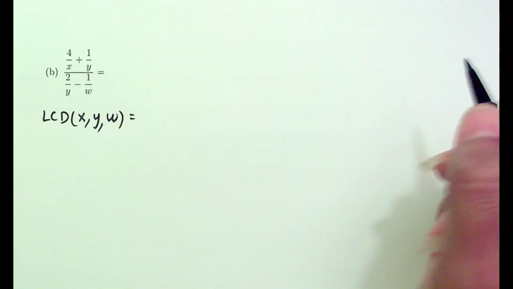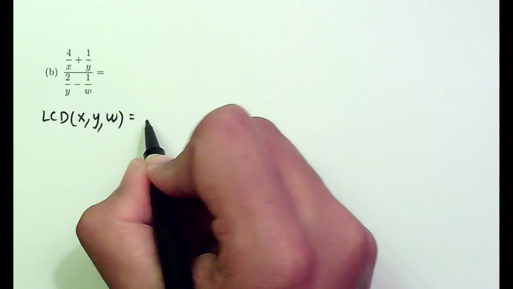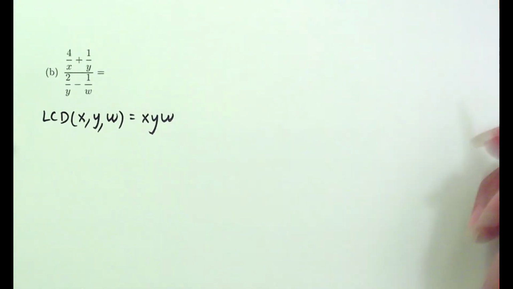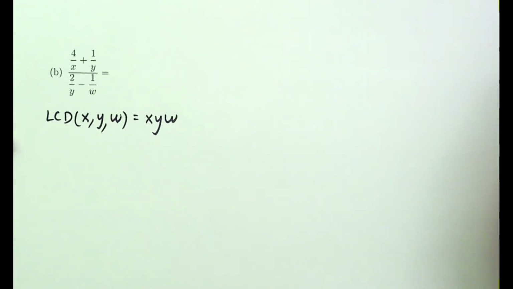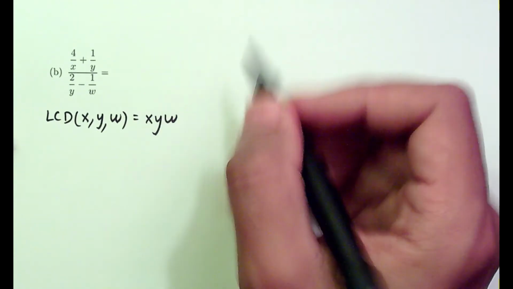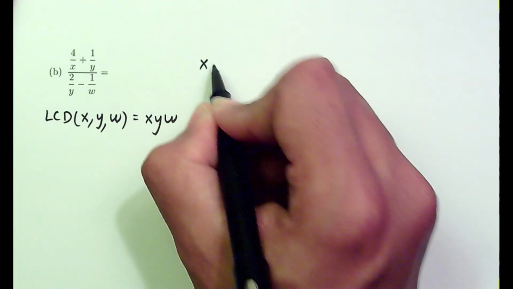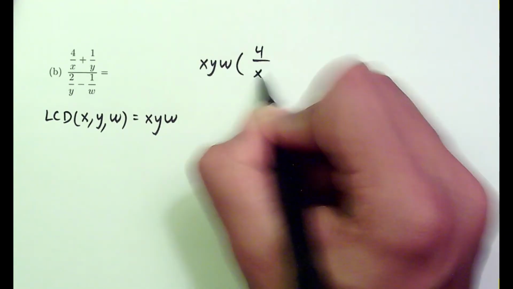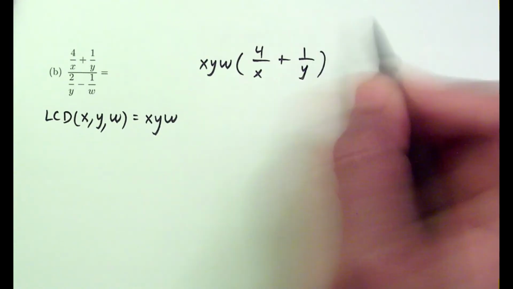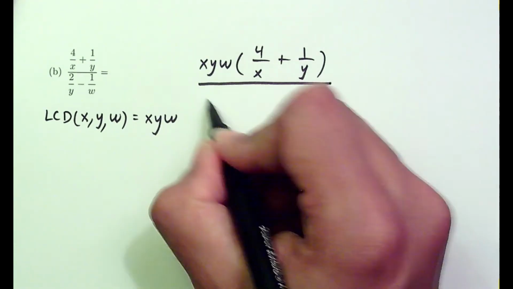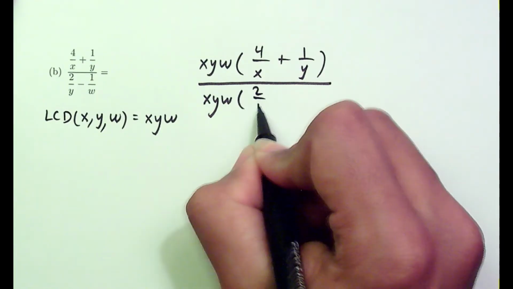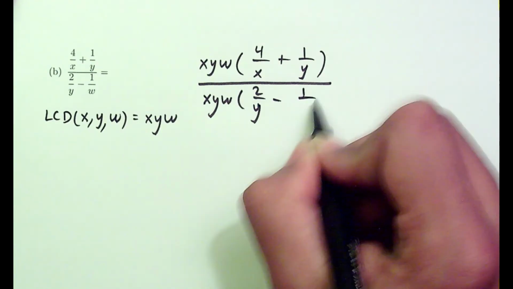So what is the LCD of this? This is just going to be the product of all of them, x y w. So then that means we're going to multiply everything on the top by x, y, w, and everything on the bottom by x, y, w as well. So x, y, w, 2 over y minus 1 over w.